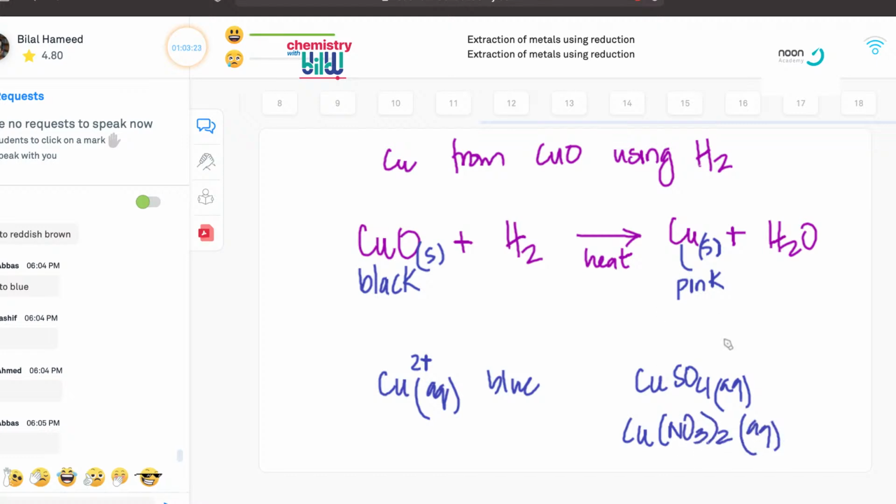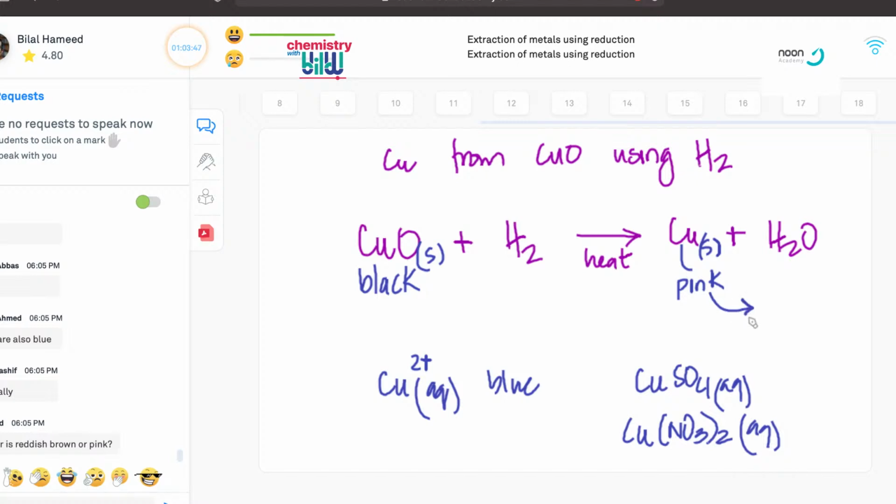Not copper metal. Okay? Now, somebody had a question about ions. Was it to do with copper ions or other ions? Copper salts are blue. Copper salts, in aqueous form or hydrated form. Copper metal, you can call it pink becoming black or reddish orange or orange brown.